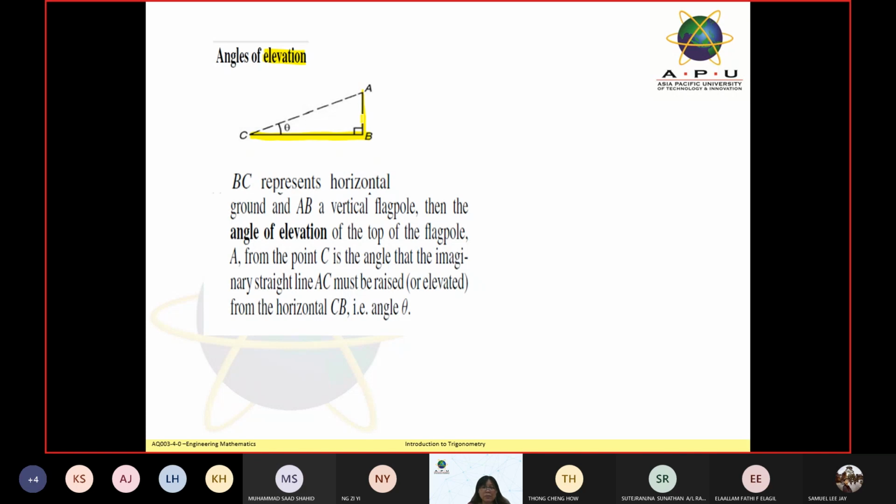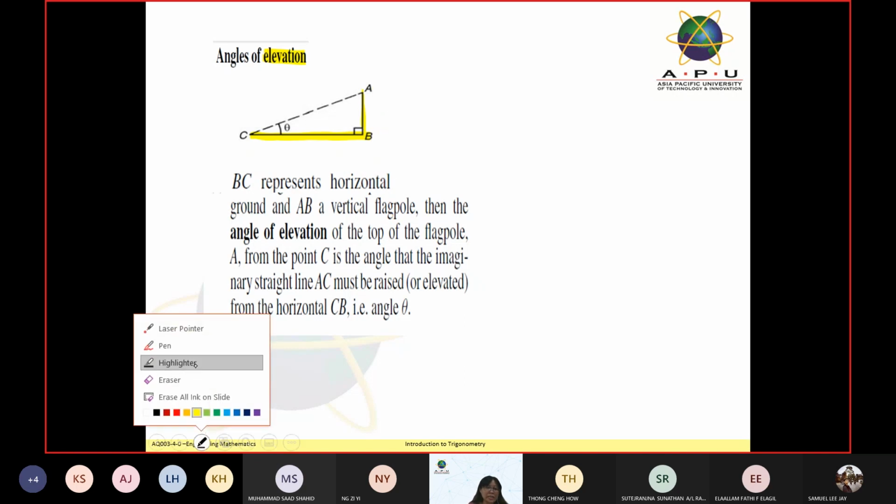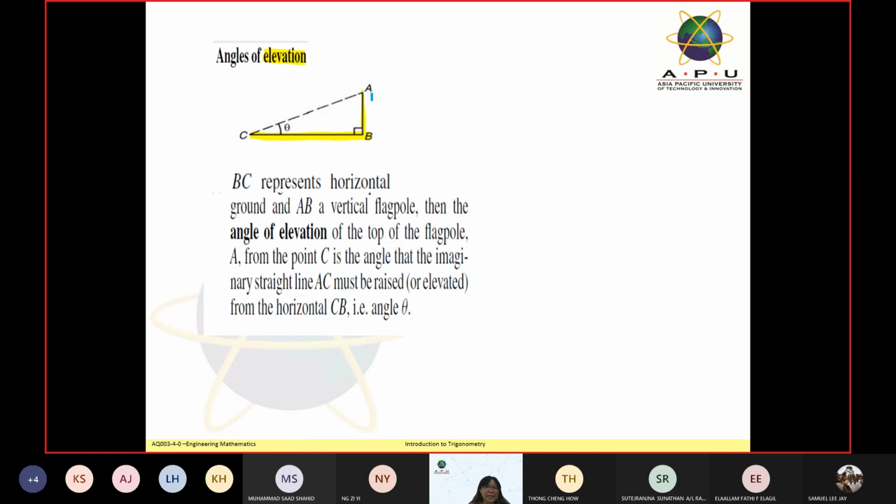The angle of elevation of the top of the flagpole, which is A, from the point C, is the angle that the imaginary straight line AC must be raised or elevated from the horizontal CB, which is the angle theta.